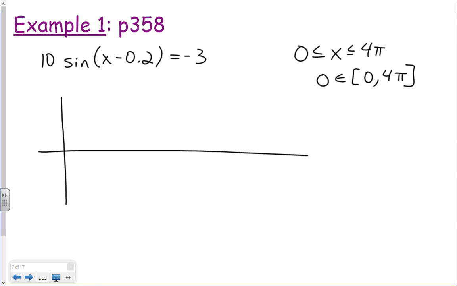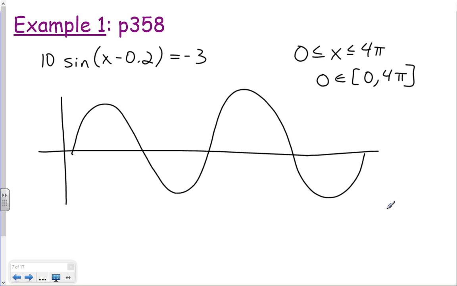Now you do need to have an accurate sketch of this because you need to know how far this 0.2 phase displacement that you're putting in here is going to shift that over to the right. But once I have an accurate sketch of that, this is going to look something like this. That is, this starts here at 0.2. That's what that phase displacement of 0.2 is going to do.